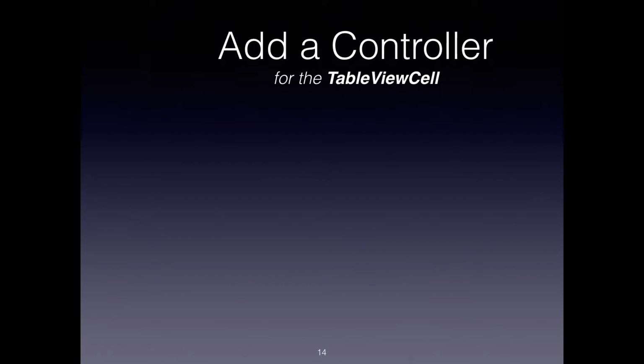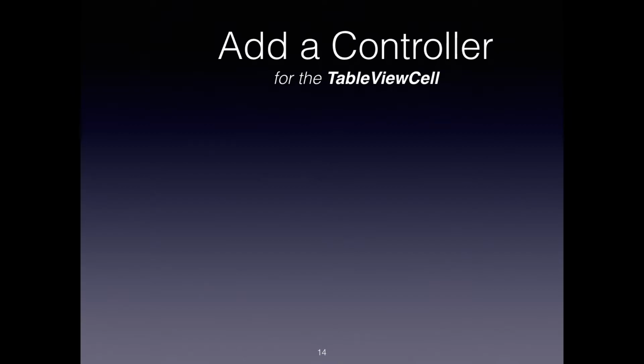So you need to essentially create a controller for the cell. Theoretically you could have different controllers for different type cells, or you can have one controller for all the various kinds of cells you have.